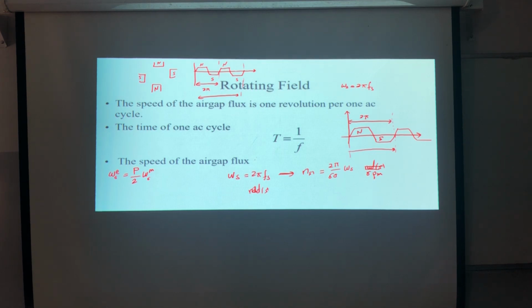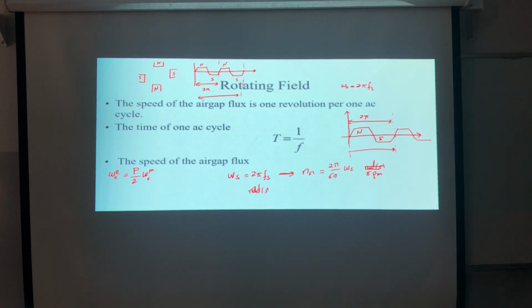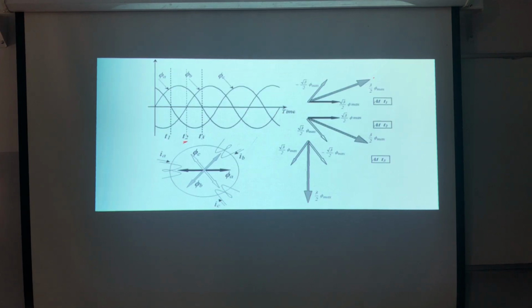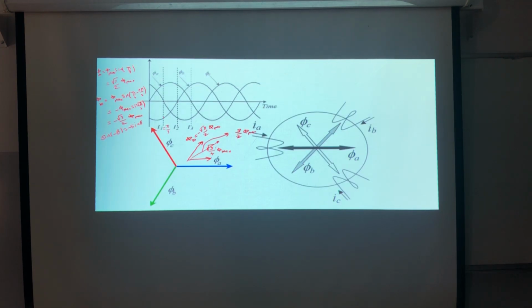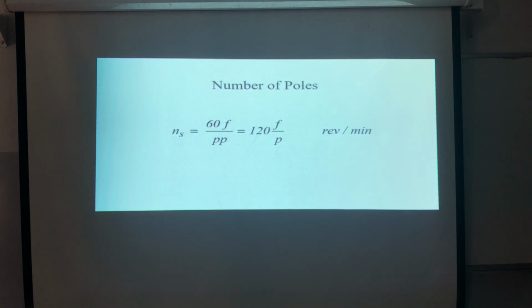Now, if the number of the poles is 4, in this case, the electrical speed is twice faster than the mechanical speed. And P is the number of poles.